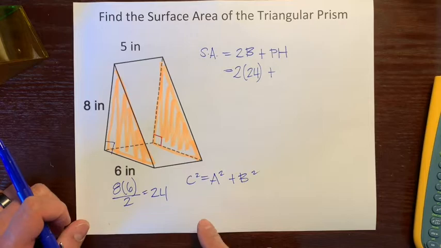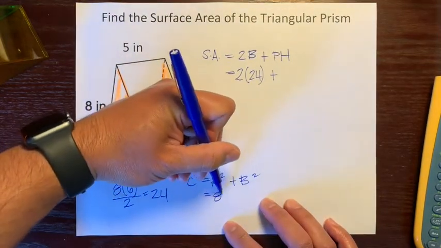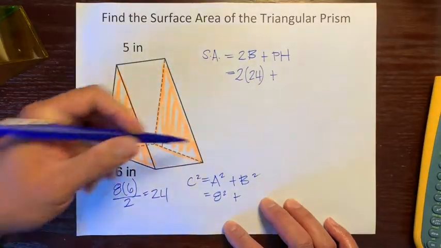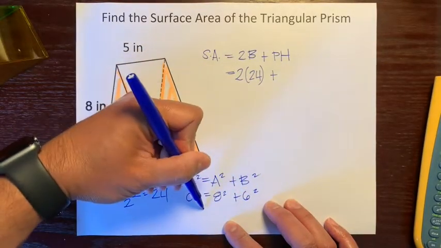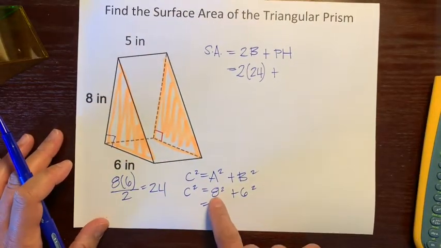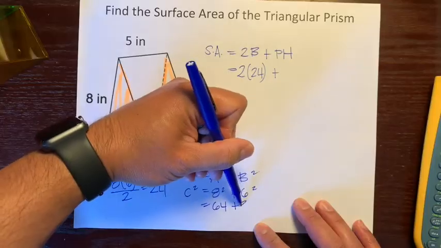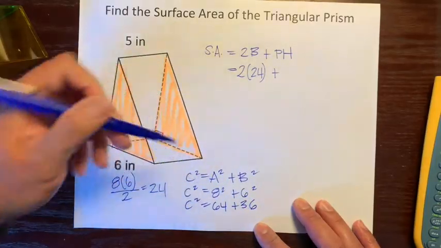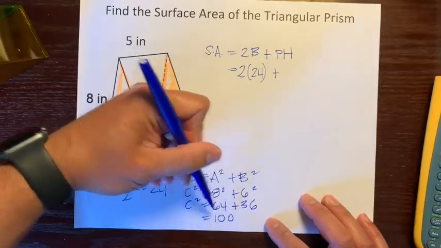One of the sides is 8. The other side is 6. So we'll write 6 squared, and let's write c squared. So 8 squared is 64, plus 6 squared is 36. And 64 plus 36 is 100.